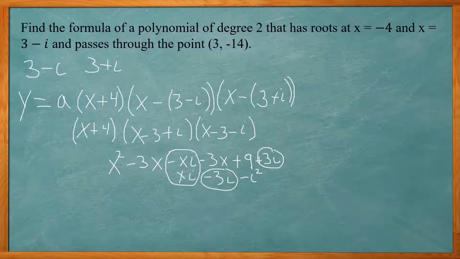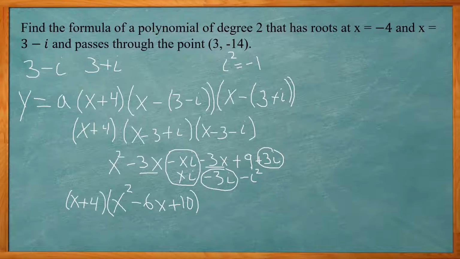Negative 3x and negative 3x is negative 6x. And remember the negative i squared is equal to negative 1, so minus a negative 1 becomes plus 1. And plus the 9 will give you 10. And I'm going to bring down the x plus 4.